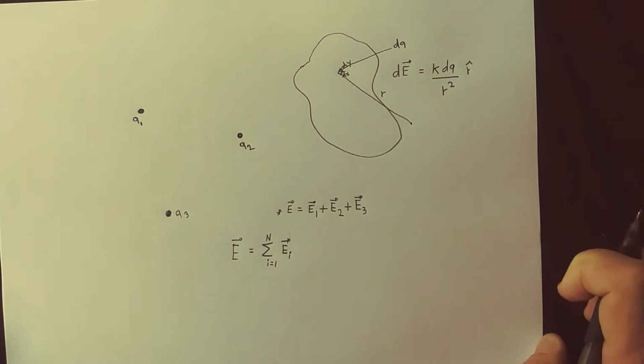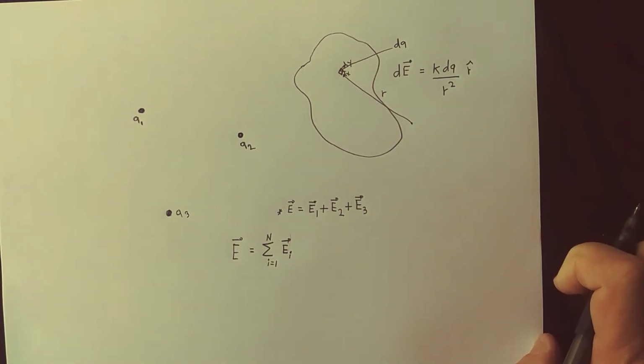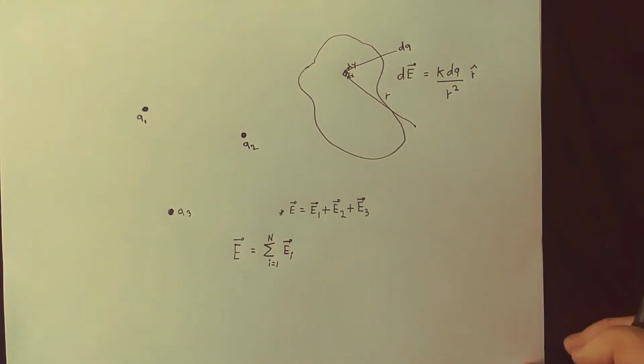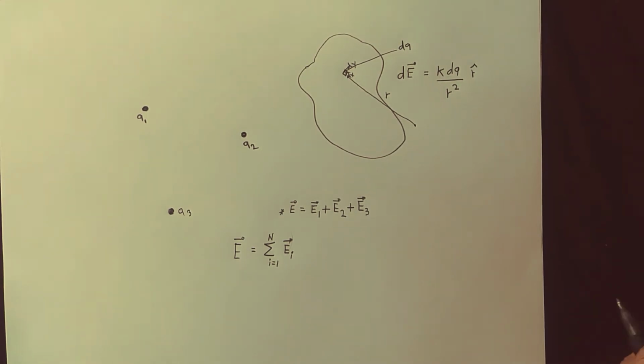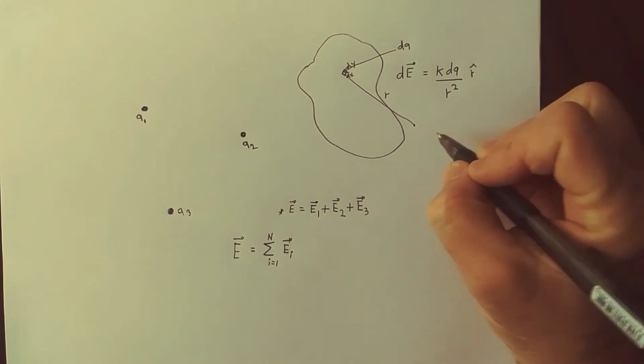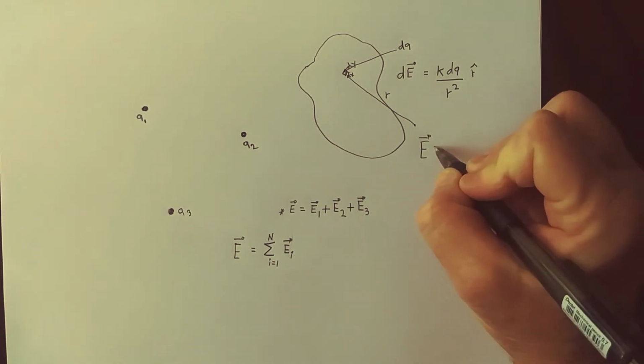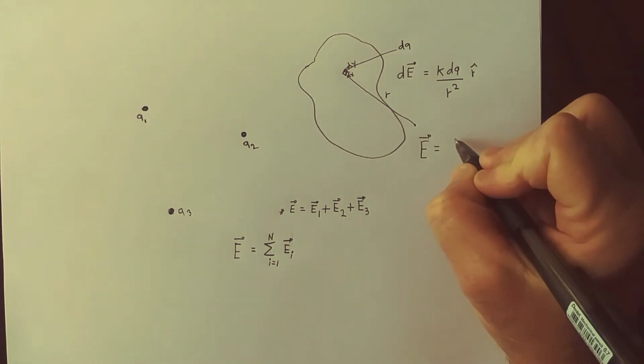So the principle is the same. We just have an infinitesimally small electric field produced by the infinitesimally small amount of charge at that location. So we have to divide the space up into tiny little pieces of charge and add them all up. So the net electric field is now going to look like not a sum, but an integral.